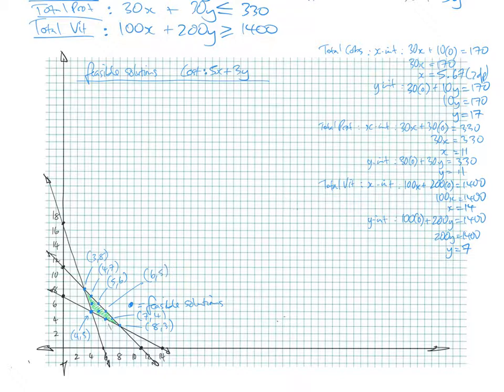And the inner ones, we've got 6, 4, 4, 6, and this other inner one is 5, 5. So these are all the possible feasible solutions. We need to list them and find their costs. Oh, that's the worst line ever drawn. So, long process. I told you it would be a long video. So, what do we have? 3, 8.